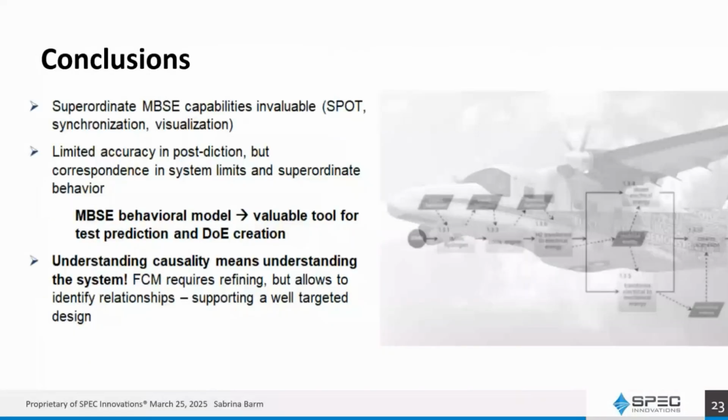Summing this all up, we found in our work that the general MBSE capabilities are invaluable to our development process. And even though our behavioral model was limited in its accuracy, it was already a really valuable tool for the test prediction and the DOE creation, allowing us to find the functional and non-functional ranges of our system.